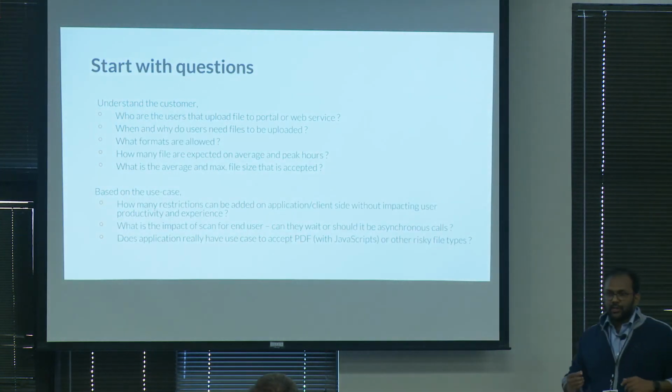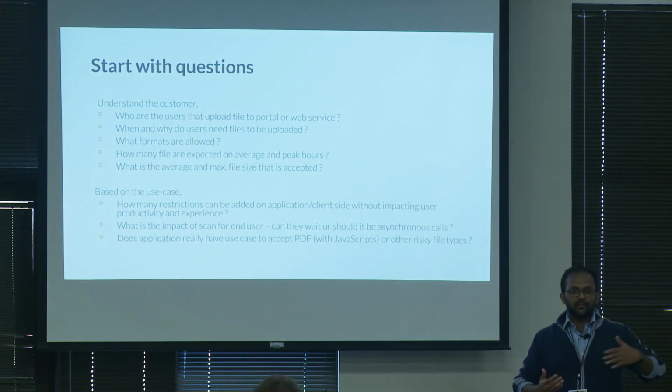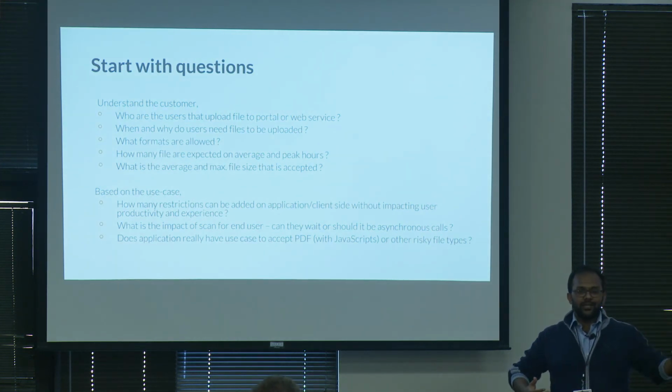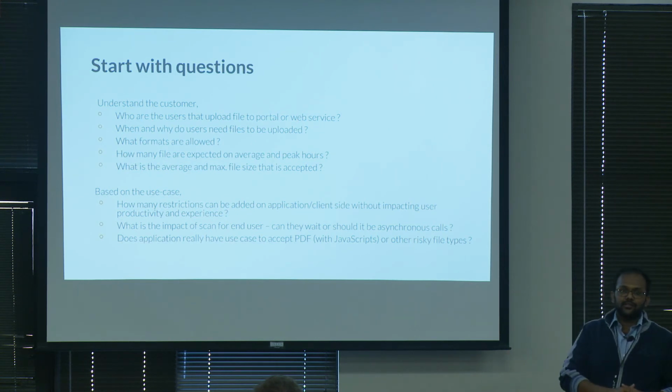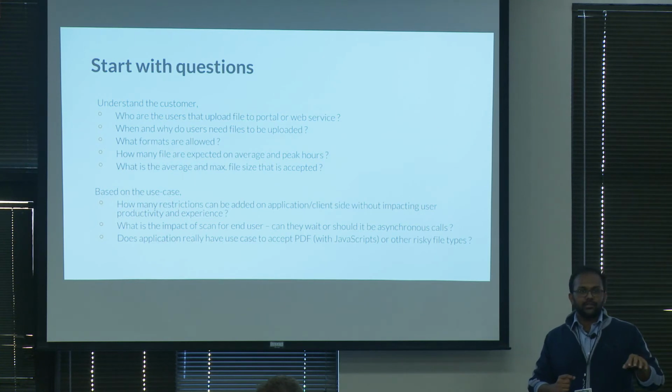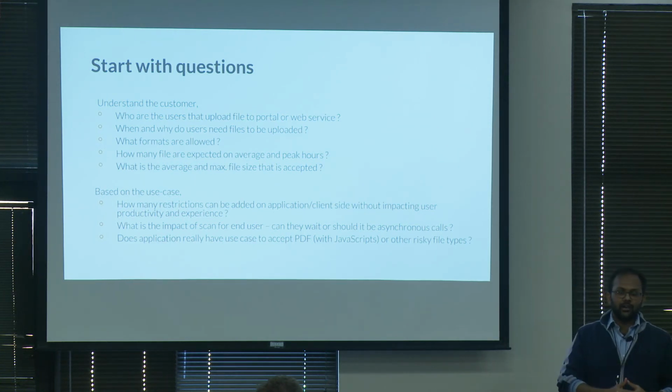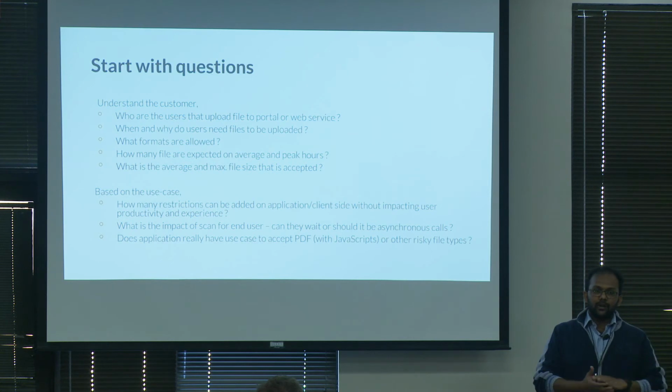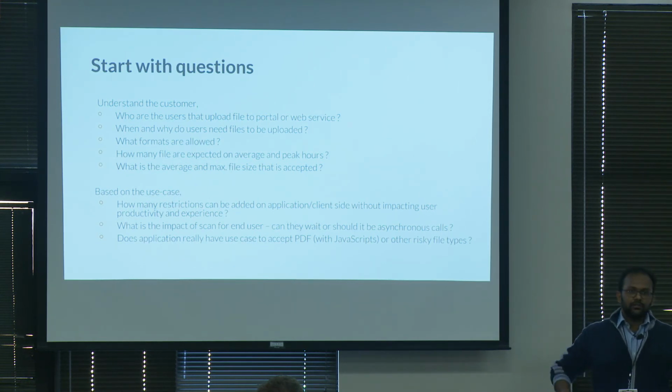And when we start designing the solution, it's important to look at the customer. We cannot just block PDFs because they have malicious URLs or embedded scripts. So it's really important to ask the web application owners who the users are who upload the file, what the valid business file formats are that the application will need, and also talk about the file size and the traffic the application really wants.